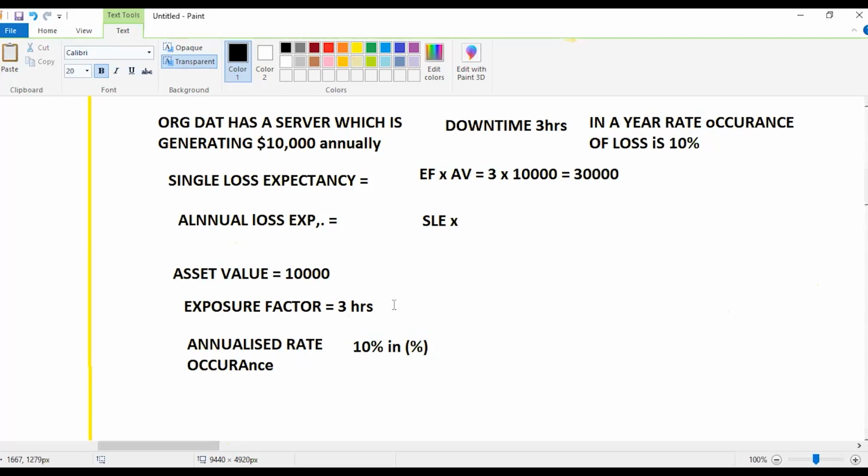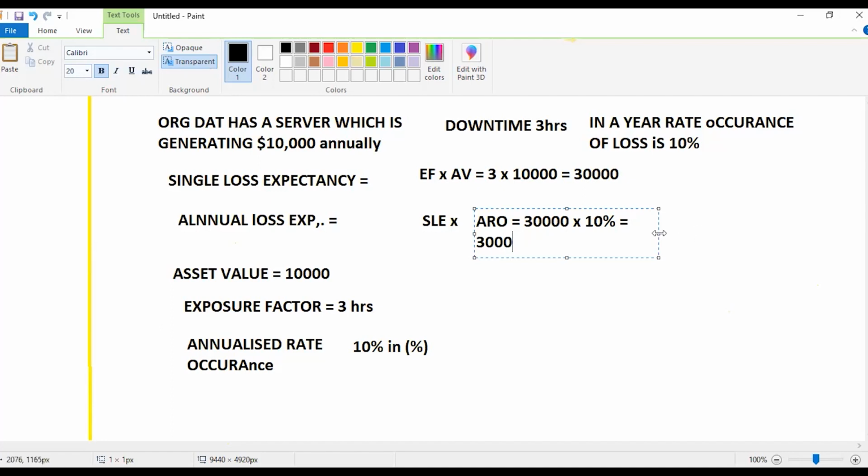Okay. So annual loss expectancy will be SLE into the annualized rate of occurrence, which is $30,000 into 10%, which becomes $3,000.